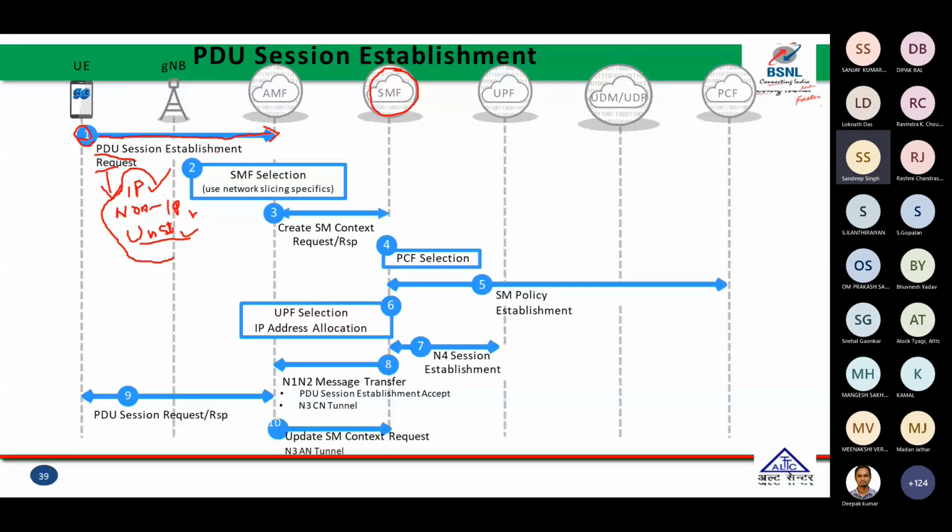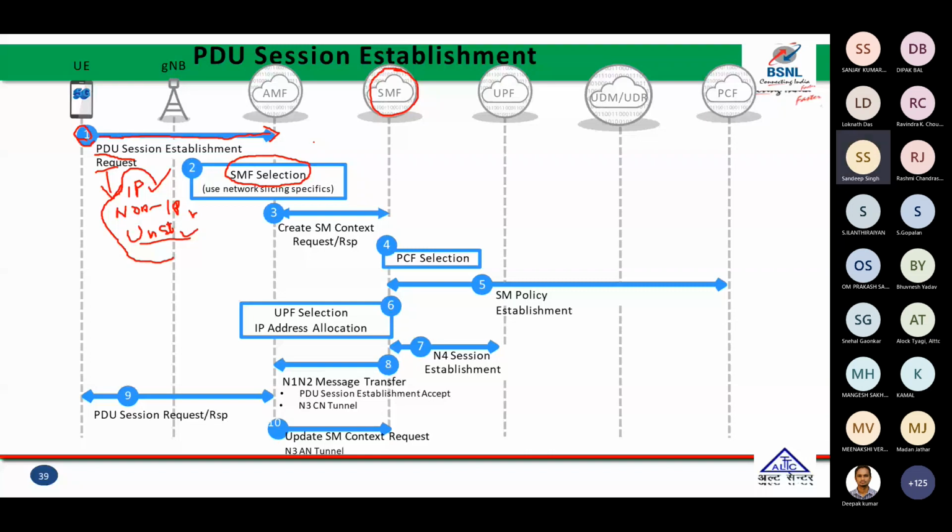And after sending the PDU session establishment request, it selects the SMF. There are many SMFs depending on the network slicing. There are many logical networks on top of one physical network. That's why there are many network functions for different network slices.